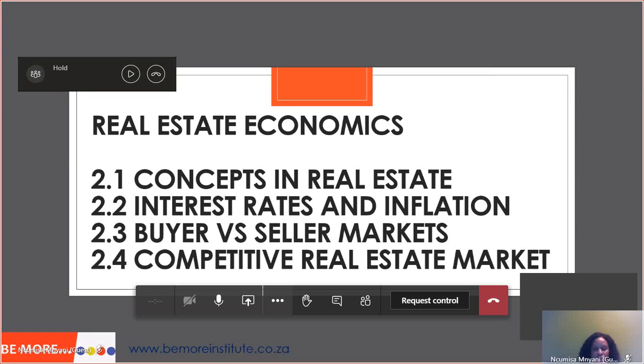We will leave the estate agency, the legal aspect, the legislation, and the Estate Agency Affairs Act, and the general legislative environment for tomorrow. So today we'll touch on this. Time allowing, we'll also look at the stakeholders and a little bit of the deeds office.